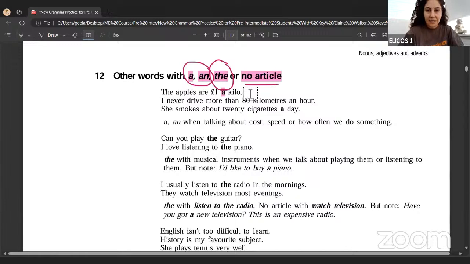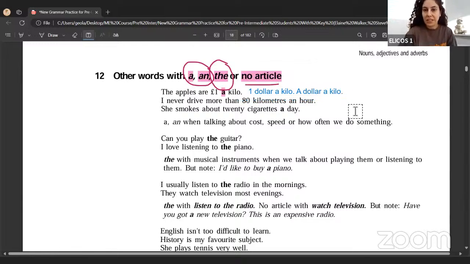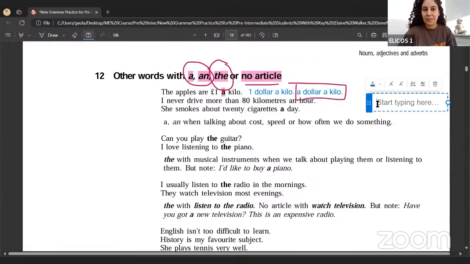Just write how it's said: $1 a kilo, or you could say the apples are $1 a kilo. This is the most common. $1 a kilo is more common to say than $1 a kilo.